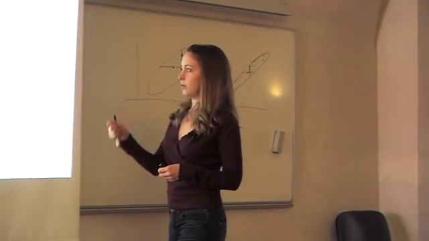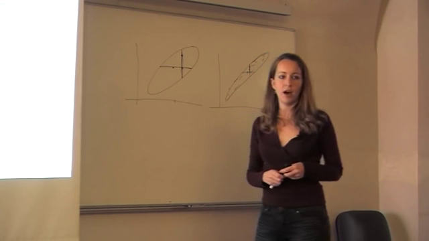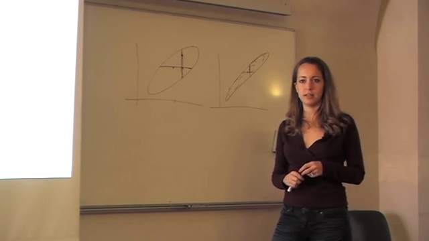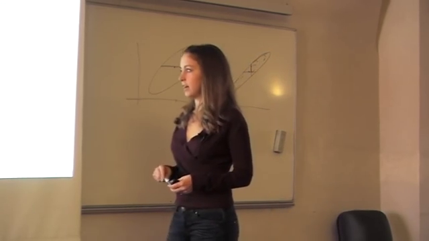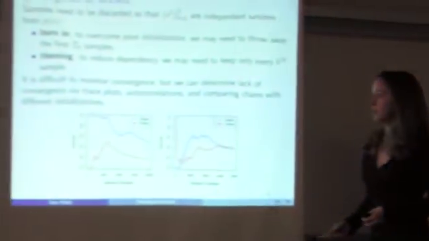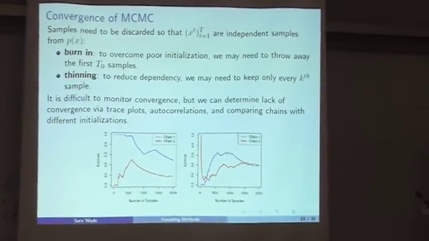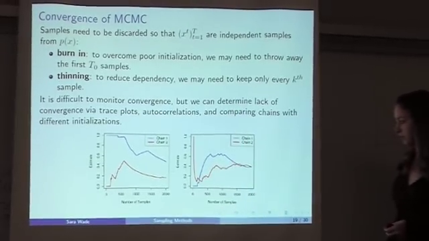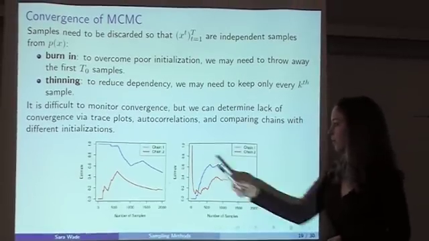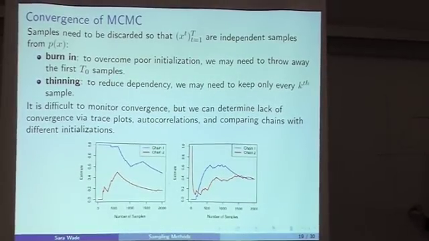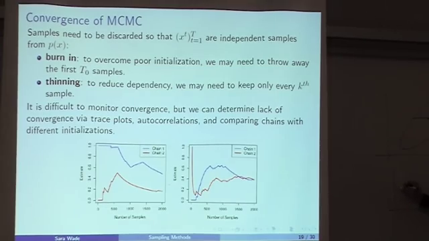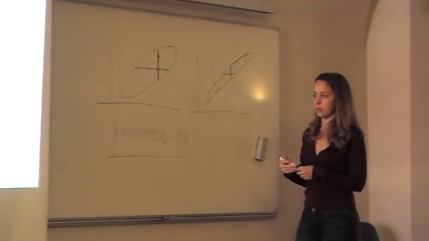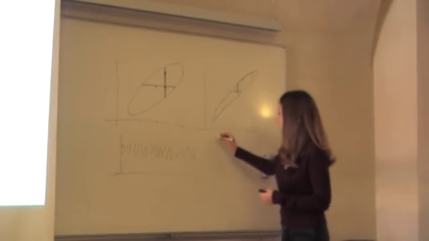But it's often very difficult to monitor this convergence. We can tell whether there's lack of convergence through various diagnostic measures. One thing that's often done is looking at the trace plots. The trace plots just plot the samples, as iterations versus our samples. A good mixing of a Markov chain would just jump around and stabilize around some current value.